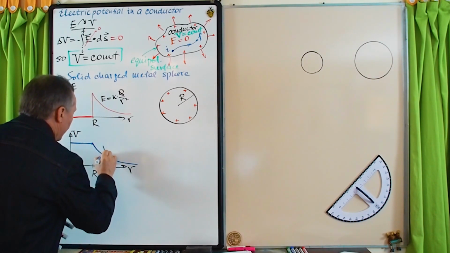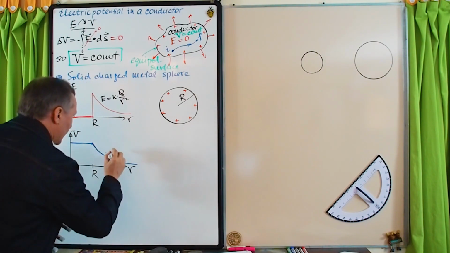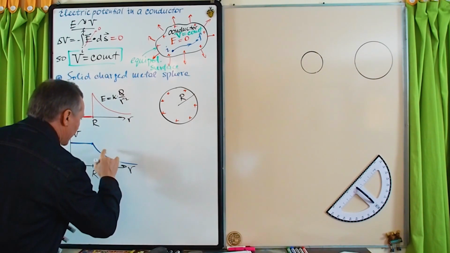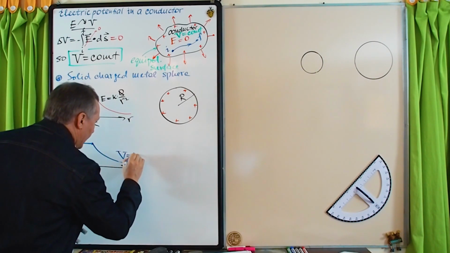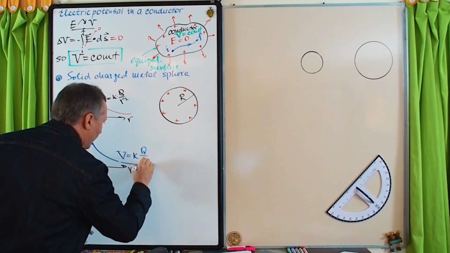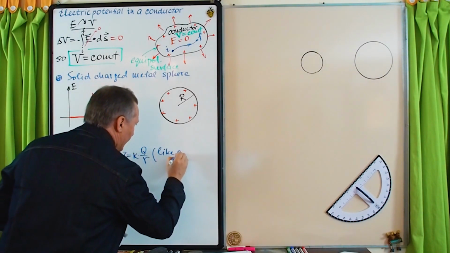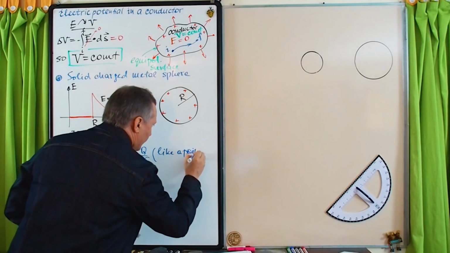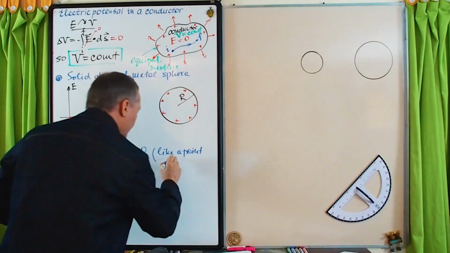You know what? Let me write it here. So V equals kQ over r, like the electric potential of a point charge.